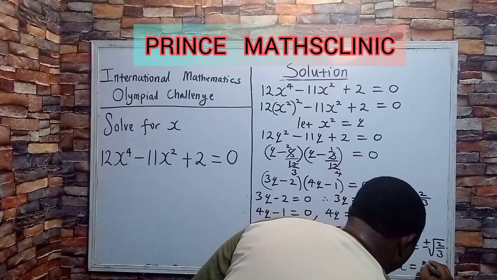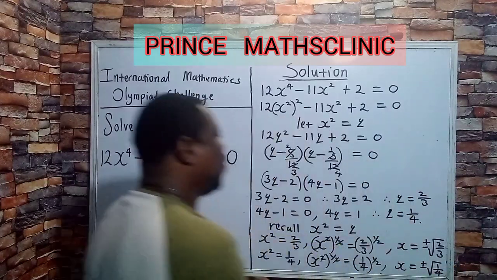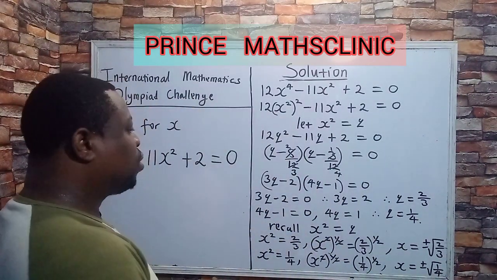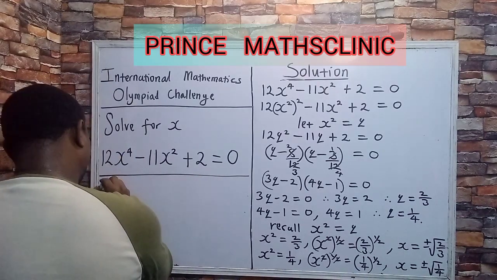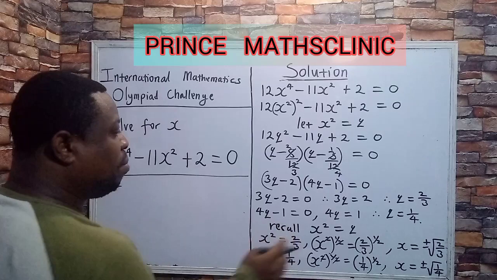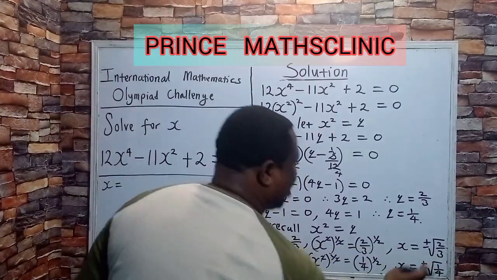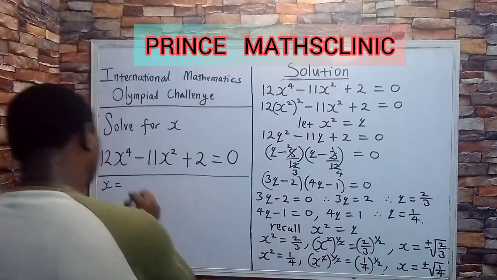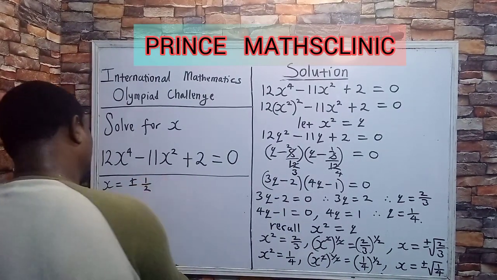So this becomes plus or minus square root of 1 over 4. And square root of 1 over 4 can be simplified further because square root of 1 is 1 and square root of 4 is 2. So this is plus or minus 1 over 2.